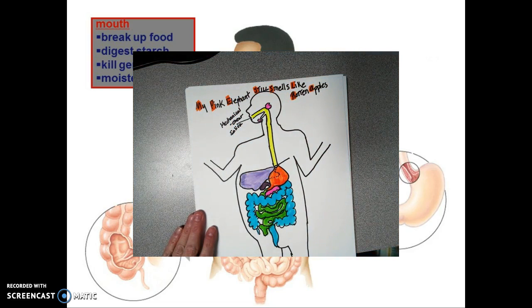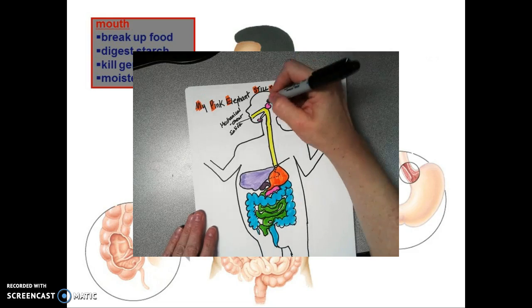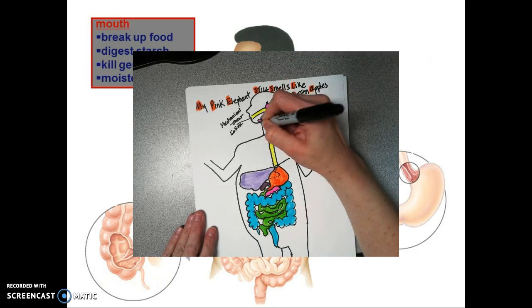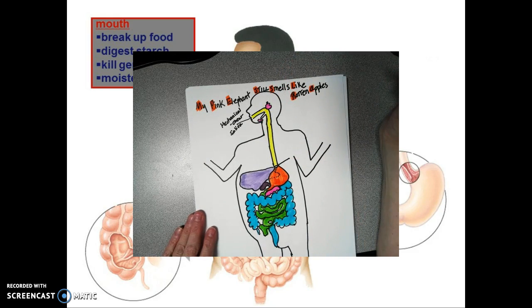Now the saliva has multiple purposes. These two here, these pink things, those are salivary glands. You have salivary glands under your tongue. You have them not in your cheeks, but kind of under the backs of your chin, on either side by your jawbone.